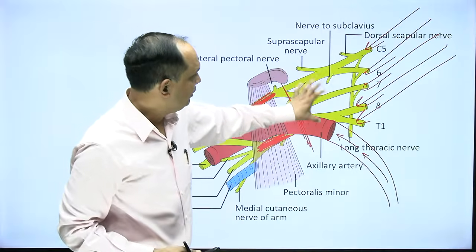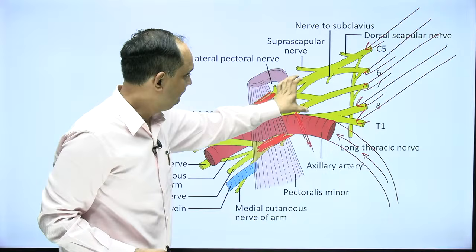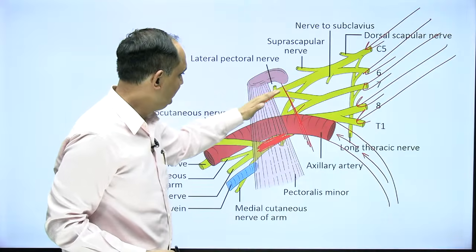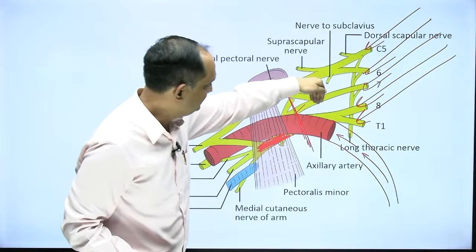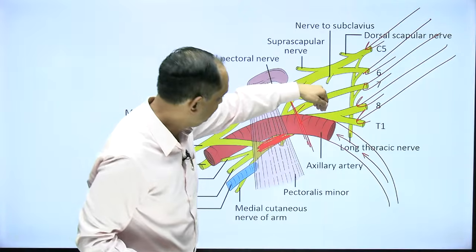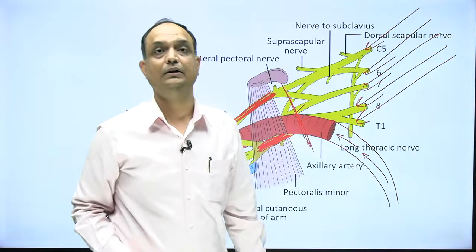So as they all are superior to the artery, gradually what will happen? They will come down, and as they come down, one will remain on the lateral side, one is going behind and remains posteriorly, becoming the posterior cord, and one will also go behind and gradually come on the medial side to become the medial cord.